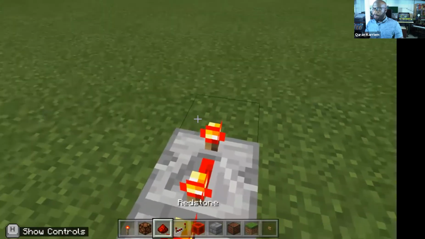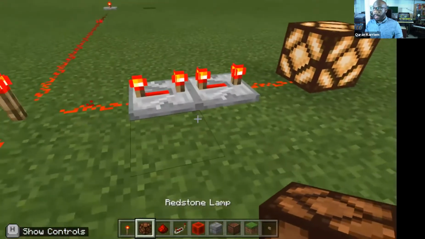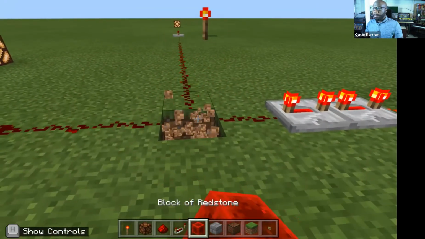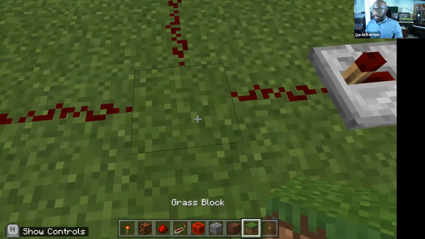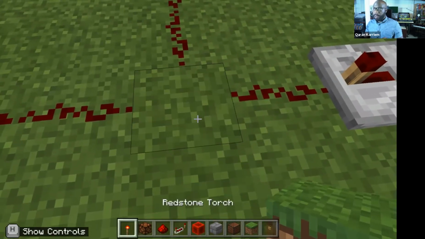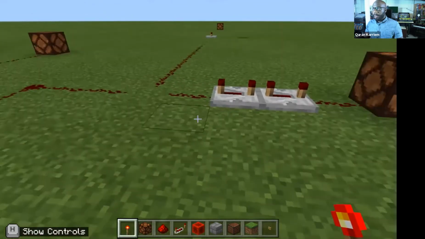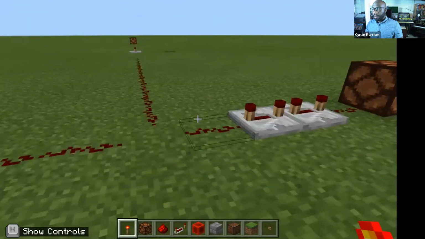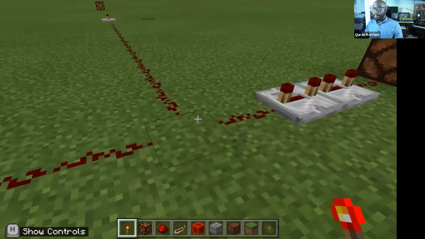So now if I put a lamp here, right, and let's say I break the torch. Well, I actually broke the ground, but break the torch and then replace it. And then let's look at this lamp and that far lamp at the same time.